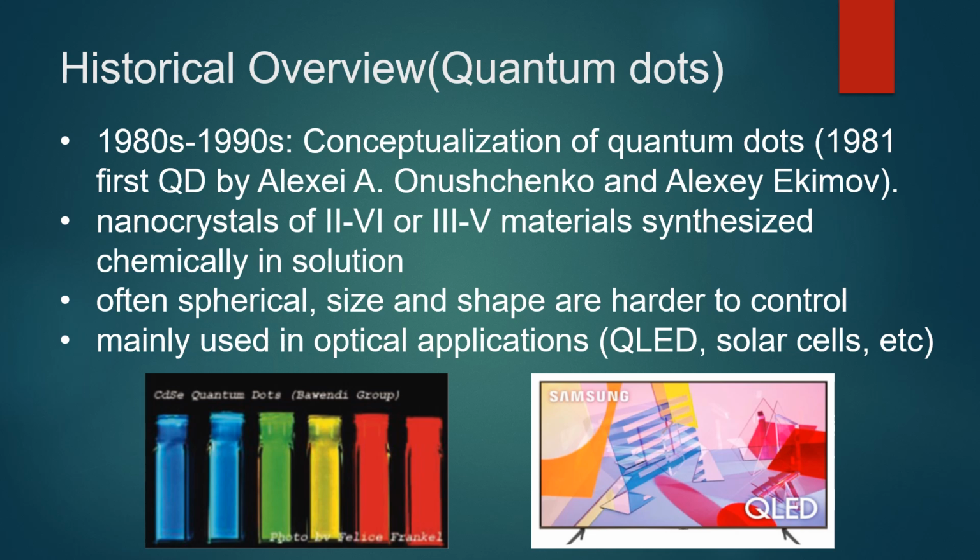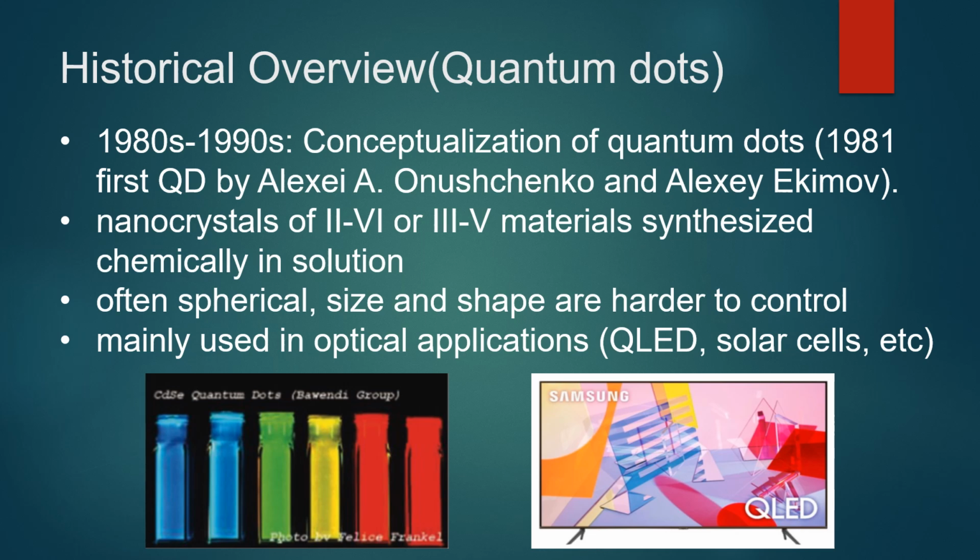And secondly, colloidal quantum dots are smaller compared to silicon germanium quantum dots, and they're often spherical, but their size and shape are harder to control precisely, while silicon germanium quantum dots can be precisely controlled using lithography.